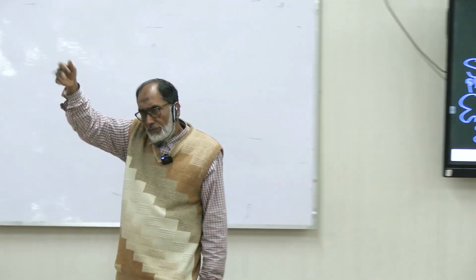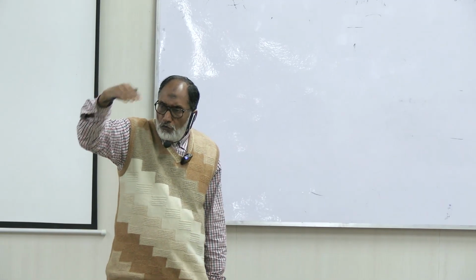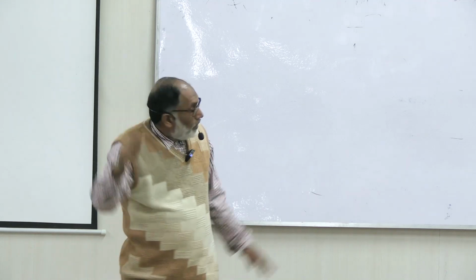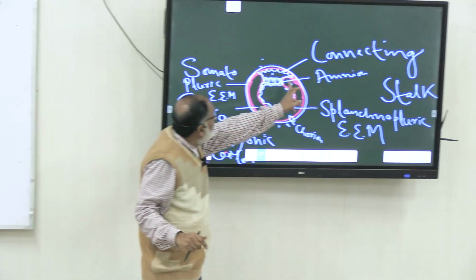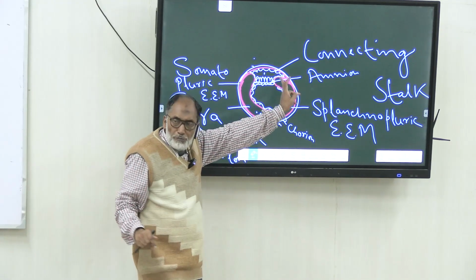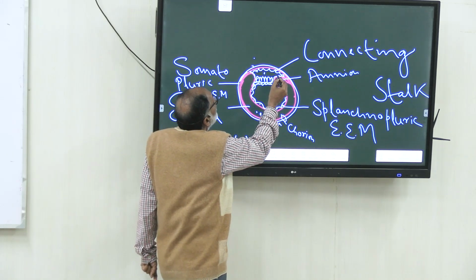To start with, I told you that this amniogenic layer is derived from the trophoblast, which has formed the roof. That layer and this extraembryonic mesoderm will form the amnion. This one will form the amnion.